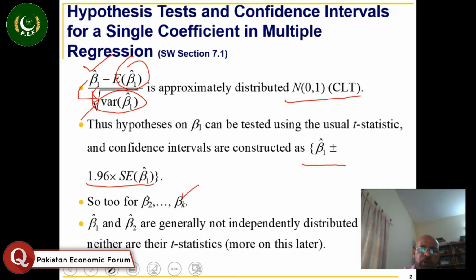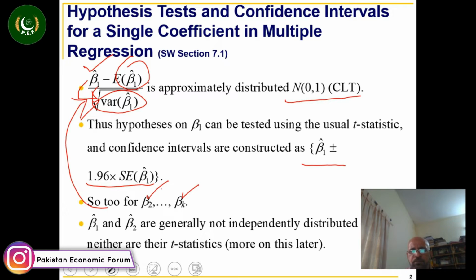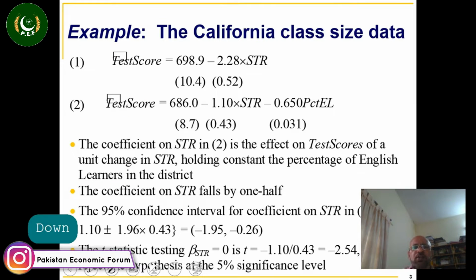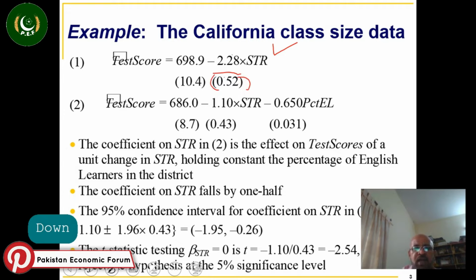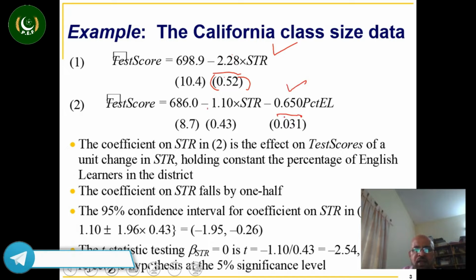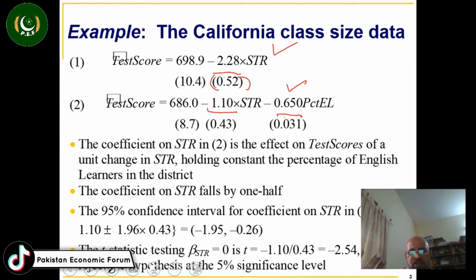So each individual coefficient can be tested the same way. In chapter 4, we have minus 2.28, so beta 1 hat divided by its standard error, and this coefficient divided by its standard error. We see that we can reject these t statistics, so these coefficients are individually significant.